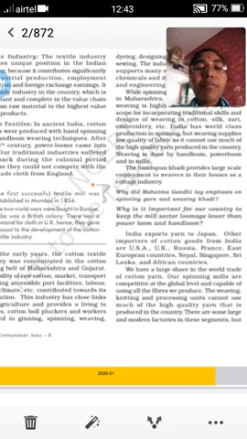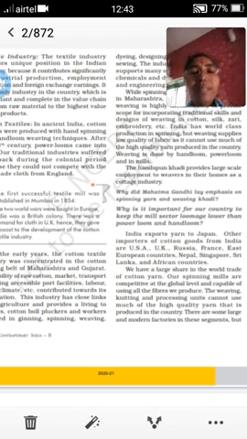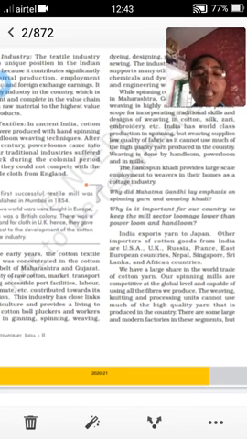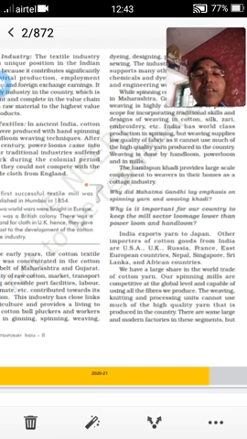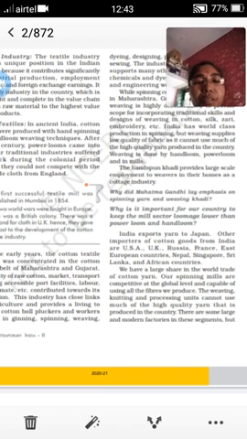India exports to other countries like Japan, the USA, the UK, France, Russia, and European countries also, where yarn or some ready-made clothes are distributed. And handlooms are also given so much importance.